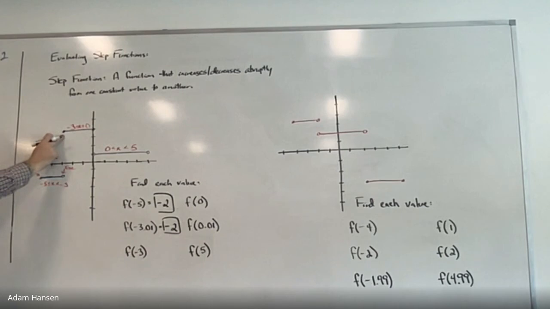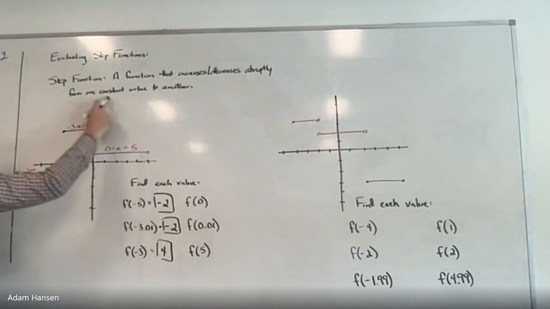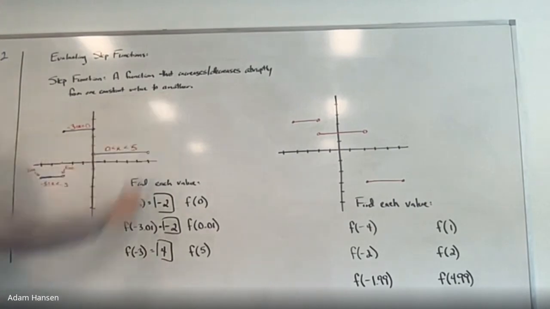So now I switch steps, right? It's not a part of this inequality, but it is a part of this inequality. So how much do I count to go up to find the graph here? 4. That's where it changes from one constant to the other. That's where the graph is broken into a different piece or a different step.